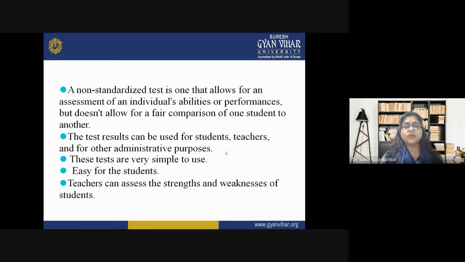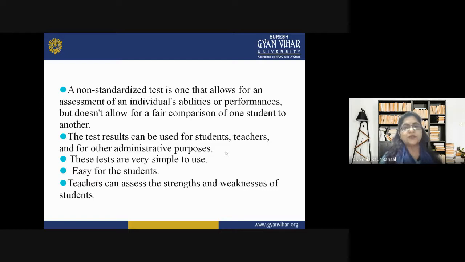No doubt, it allows a teacher to judge how much a particular student is capable of doing a particular task or project or any psychomotor or cognitive activity the teacher has given to him or her in the classroom or in the playground or anywhere else the teacher wants to take the test. But it is also a fact about non-standardized tests that they don't allow for a fair comparison of one student to another. The test results can be used for students as well as for teachers and for administrative purposes also.